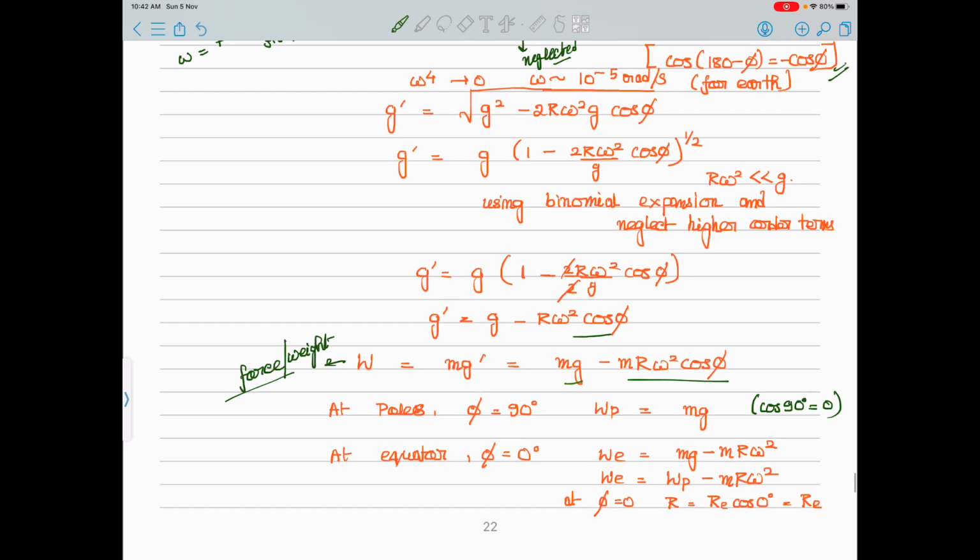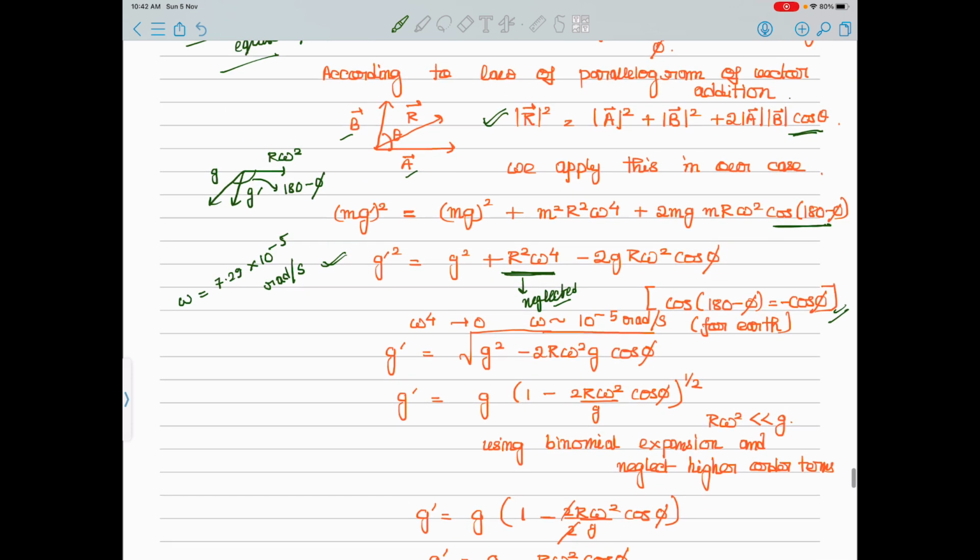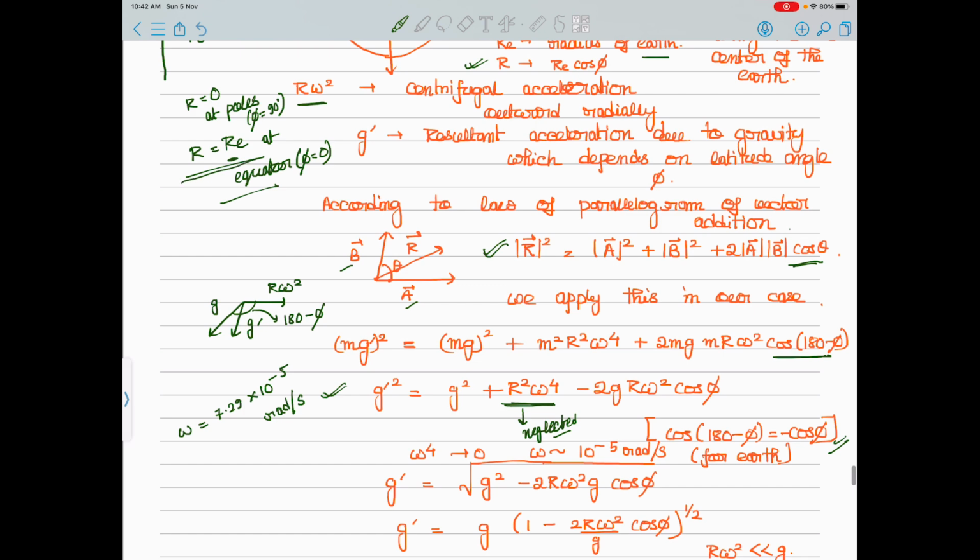But at equator, phi is equal to 0 degrees, WE, this is the notation, is mg minus mr omega square into cos 0. Cos 0 is 1. Therefore mr omega square. But what happens to the r at equator? We have seen at 0 degrees at equator, r is nothing but re.